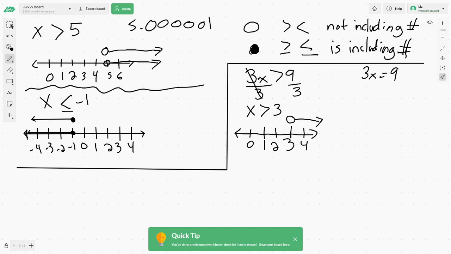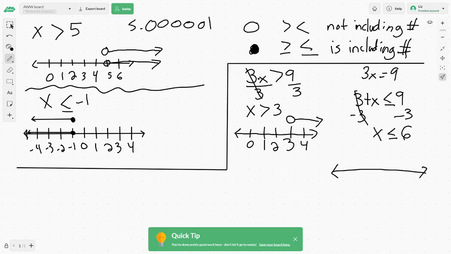What about 3 plus x is less than or equal to 9? Again, I'm solving it just like there were an equal sign instead of an inequality. I'm going to subtract 3, and I get x is less than or equal to 6.